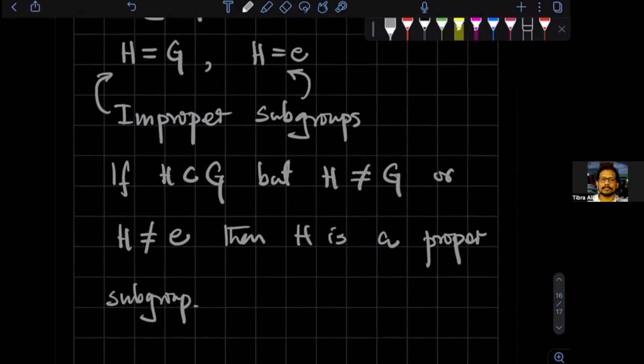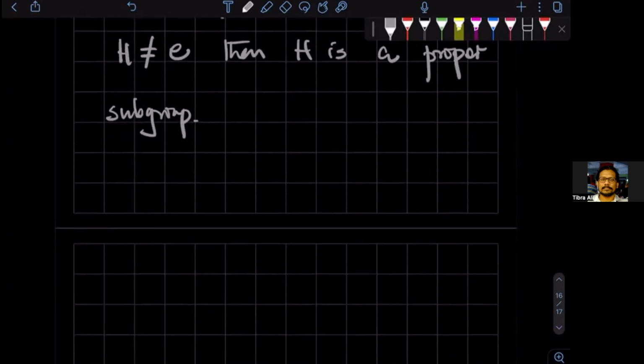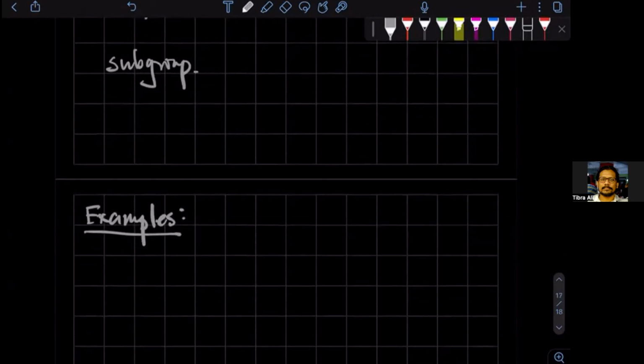Okay. I think we have time for one or two examples. It's very important to have examples in this business. Otherwise, you just lose track of whatever abstract stuff that I'm saying. Number one, the real numbers under addition. This is a group.